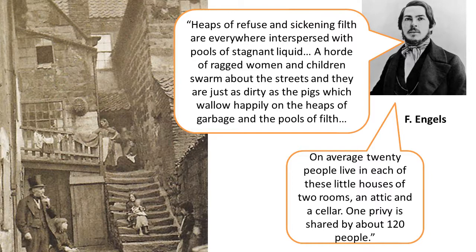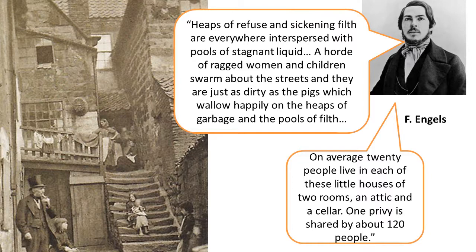And he writes, "Heaps of refuse and sickening filth are everywhere interspersed with pools of stagnant liquid. A horde of ragged women and children swarm about the streets, and they are just as dirty as the pigs which wallow happily on the heaps of garbage and the pools of filth." And talking about figures, he wrote, "On average 20 people live in each of these little houses of 2 rooms, an attic and a cellar.